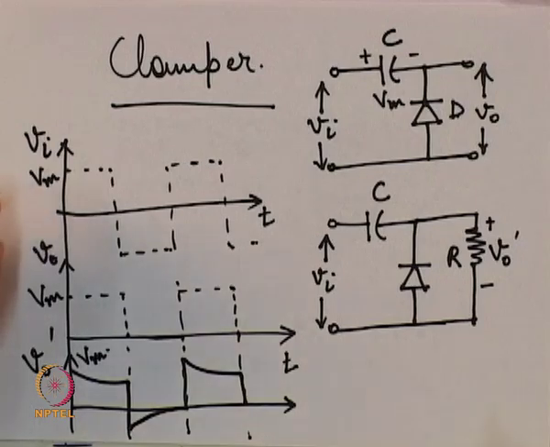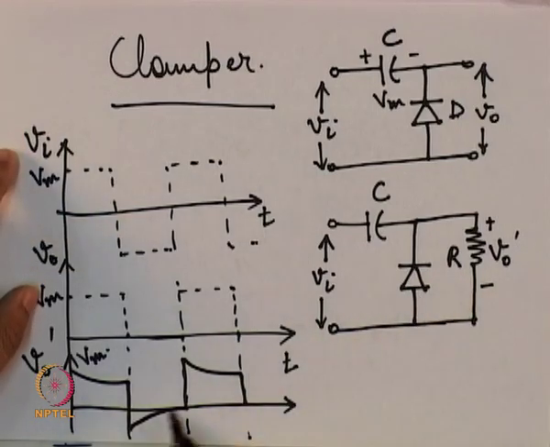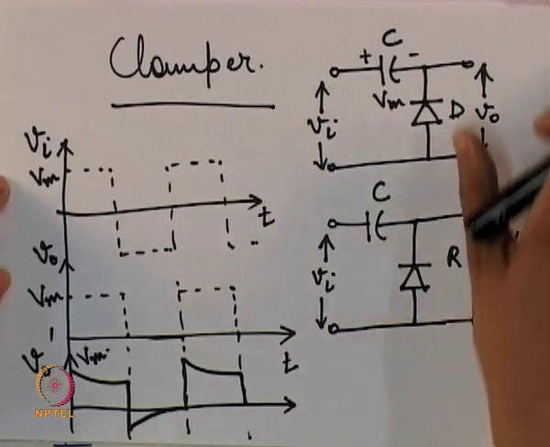Okay. So, this is the cycle that repeats, and because of this discharging and charging, we get these slight distortions in the output waveform. The next topic that I would like to discuss is what is known as a peak rectifier.